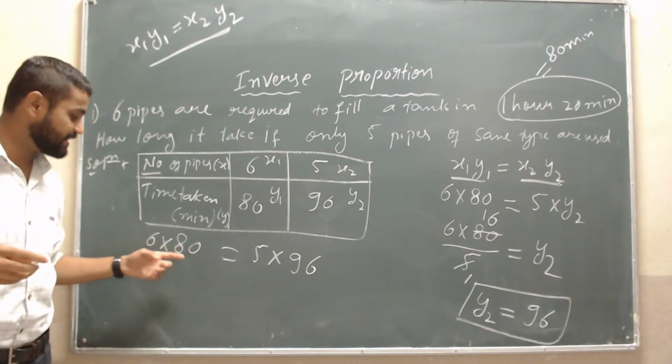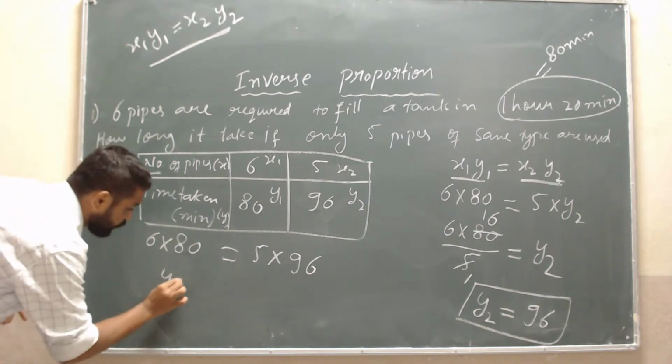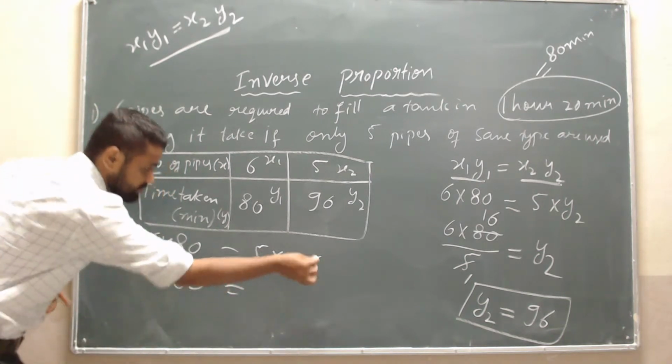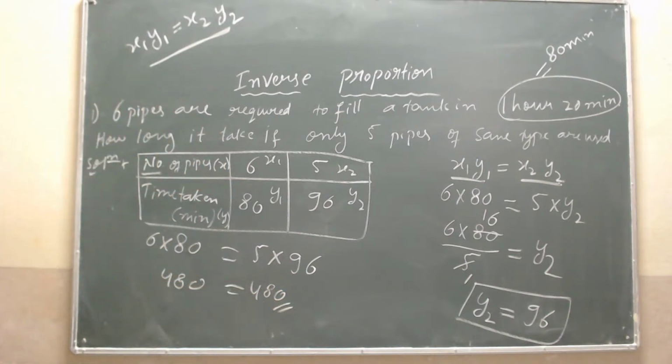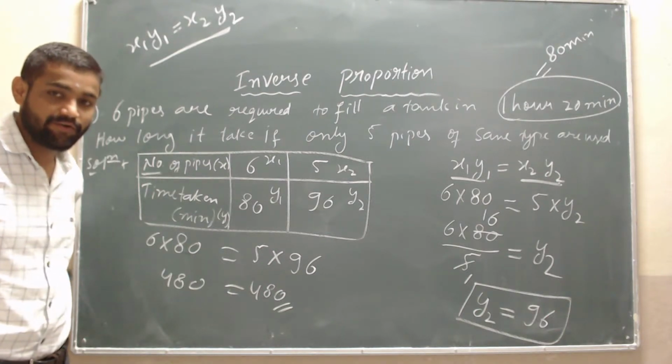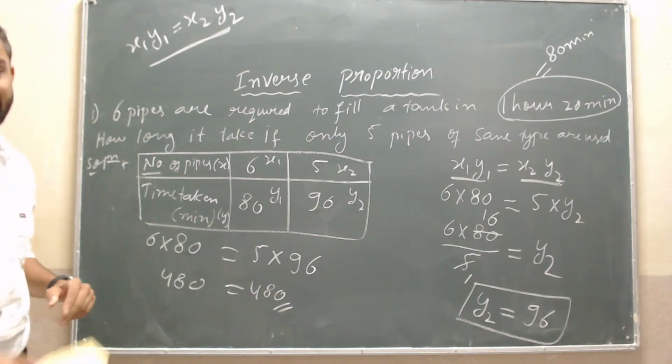Eighteen into 6 is, sir, 8 6s are 48, 480. I don't know whether after multiplying also we will get 480. Okay? Then move to the next problem, children.